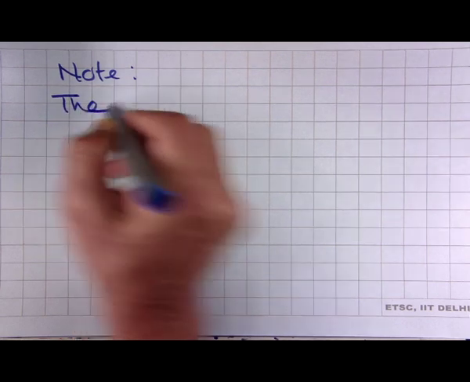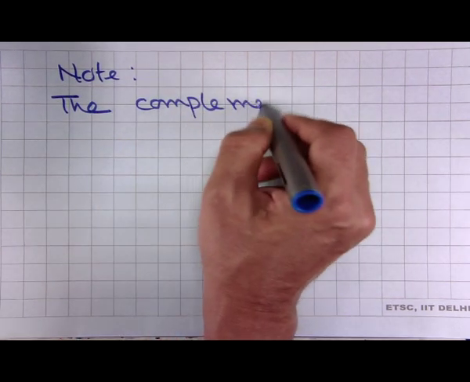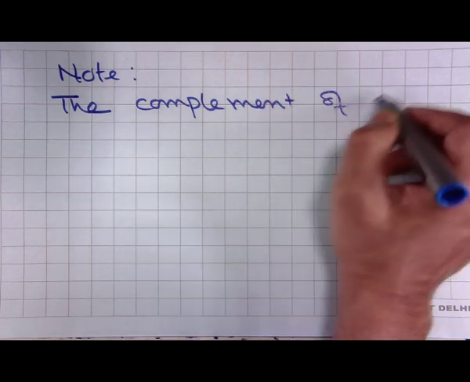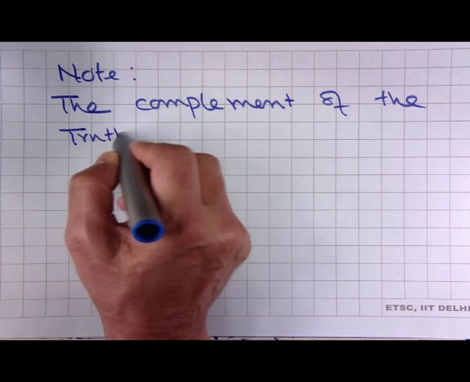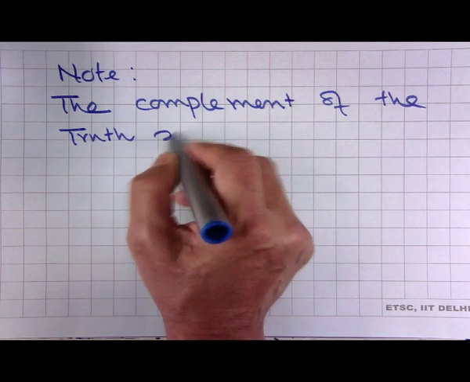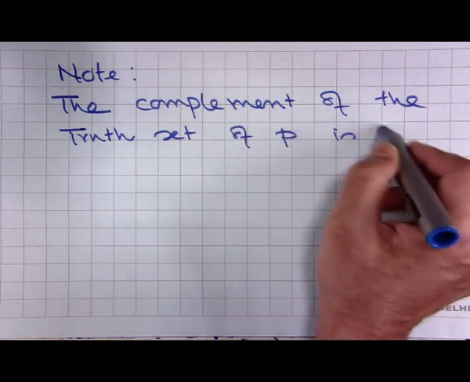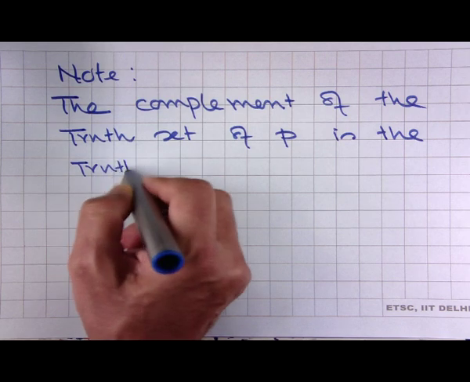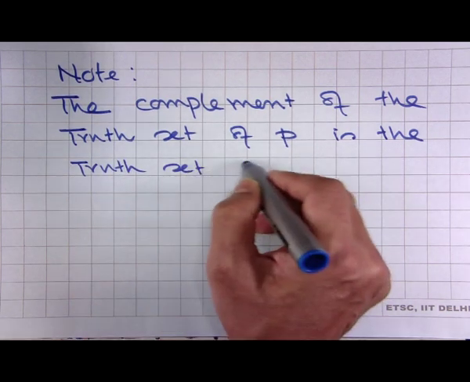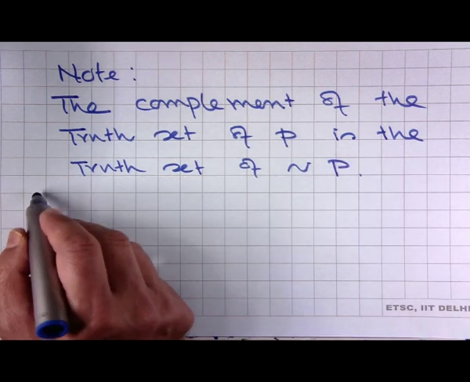The complement of the truth set of statement P is going to be the truth set of negation of P. Illustration.